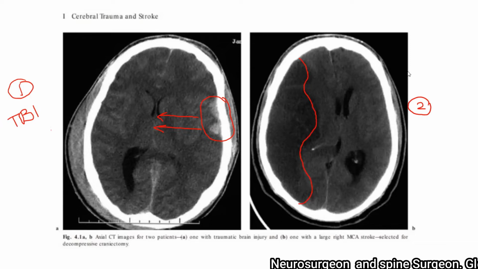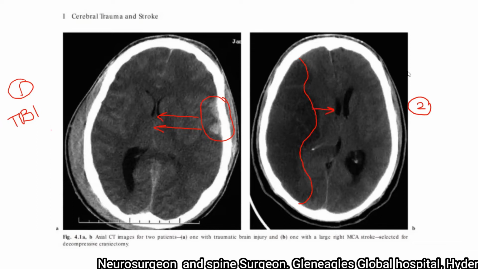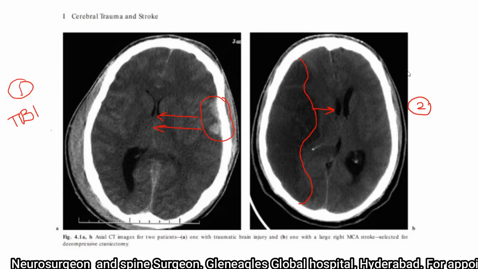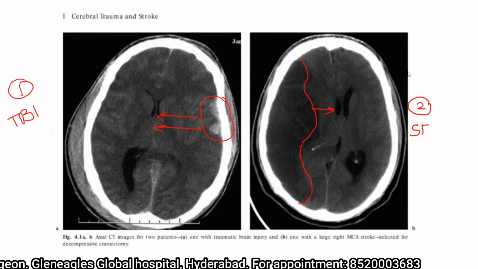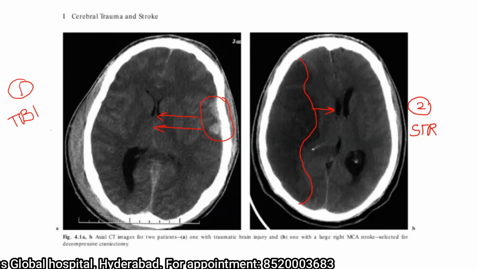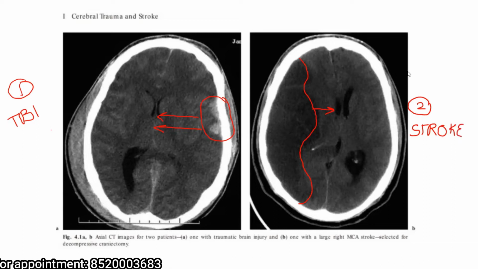This is causing a midline shift to the opposite side by more than 5 mm. So these are the two classical indications. One is traumatic brain injury. The other is a stroke, either ischemic or a hemorrhagic stroke. So these are our two classical indications for decompressive craniectomy.